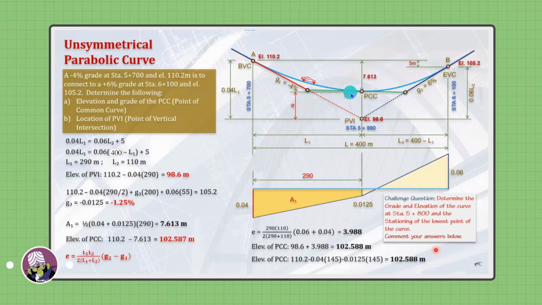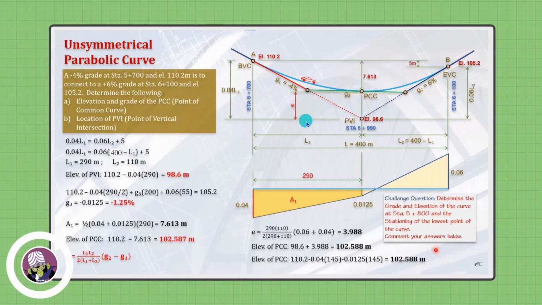So we need to get the grade G3. This is how we get it. 110.2, which is the elevation of A, minus 0.04, because it's descending or going down, times 290 divided by 2. Why 290 divided by 2? It's because we separated it here at the tangent line.